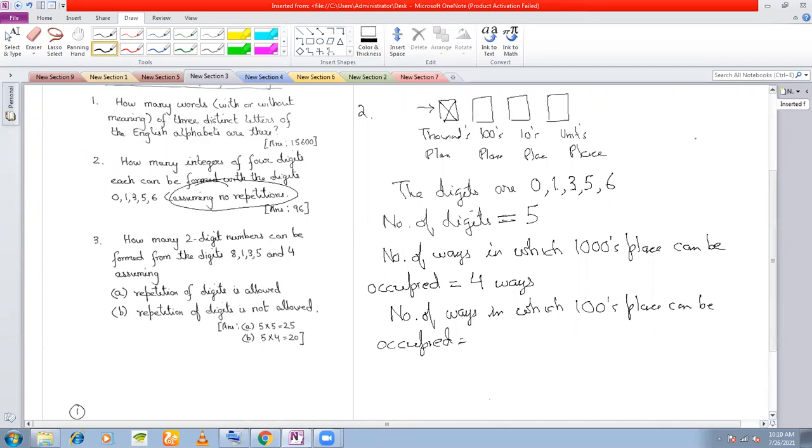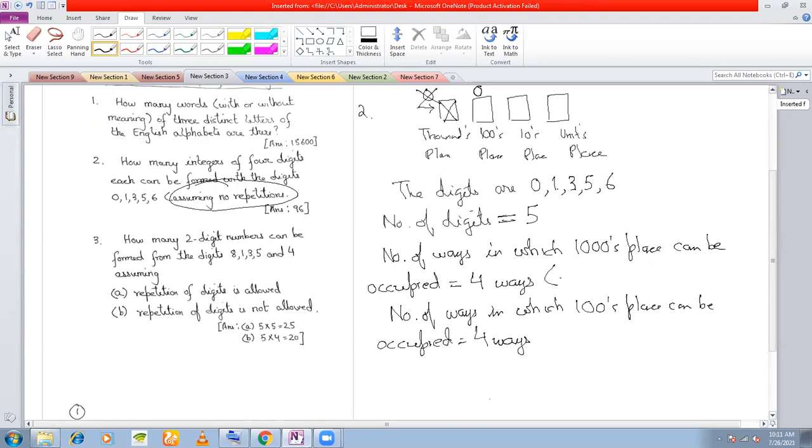You have already put some digit here apart from 0. So 3 digits are left, right? But you can also put a 0 here, isn't it? That means 4 digits are left. So in 4 ways.